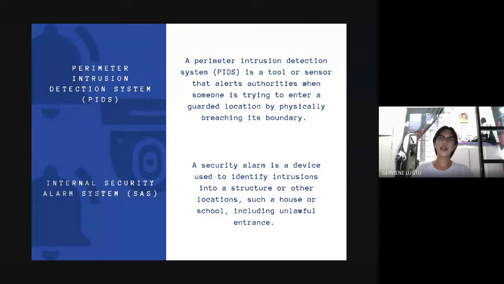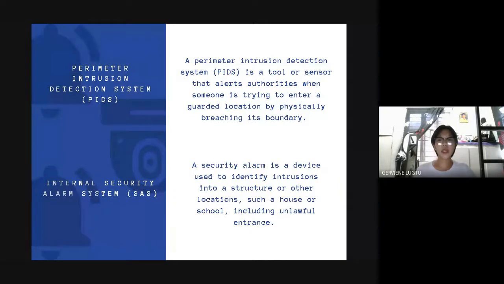Yung nagtitinda, pwede niyang, yung sa baba nung alarm nila sa table, di ba kapag kinlik nila yon kaagad magkakaroon ng alarm, tapos tutunog siya ng malakas na sign na merong nagnakaw.